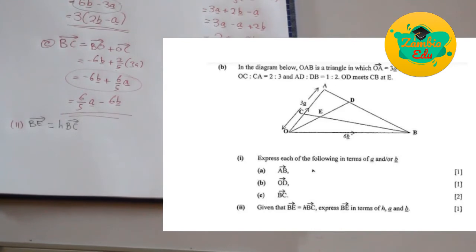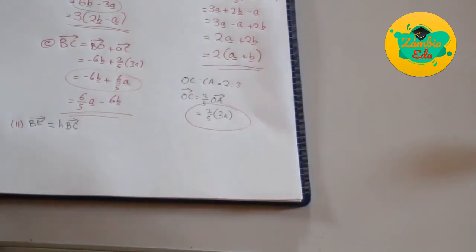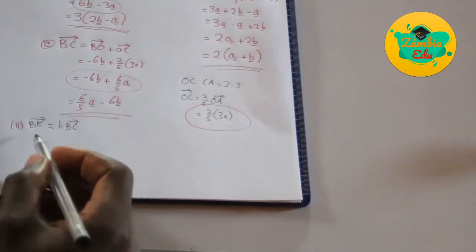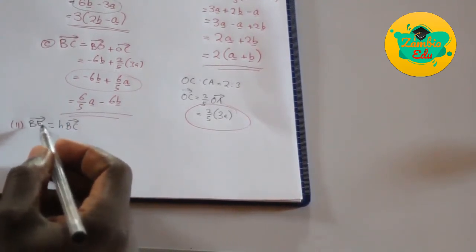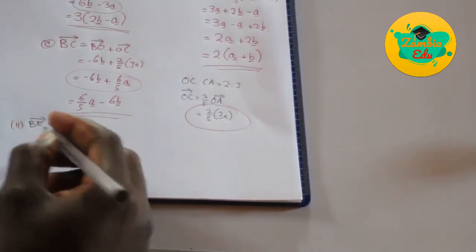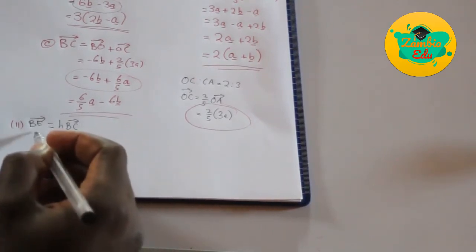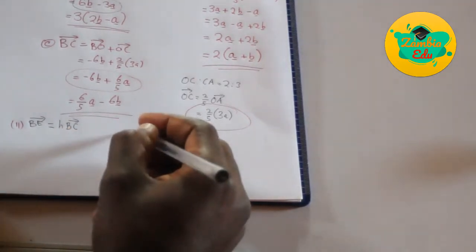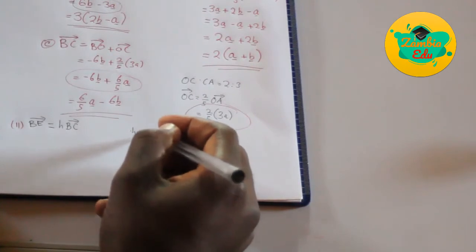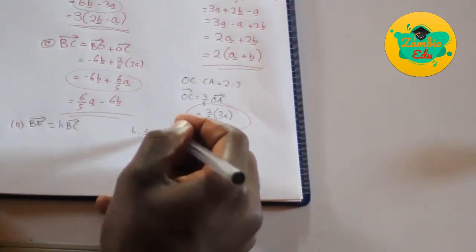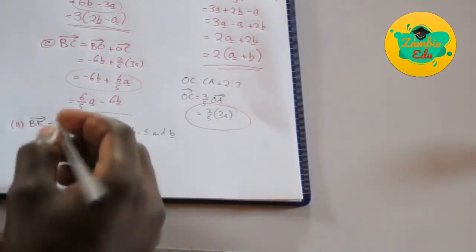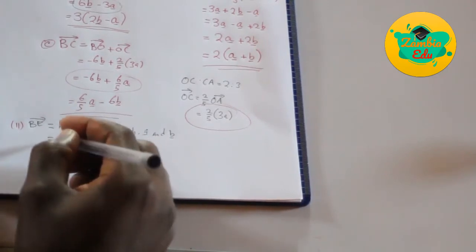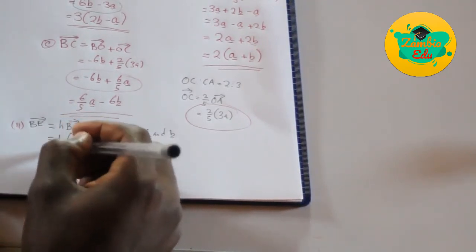What do we do for us to be able to express that in the right way? So now we've been told the value. We are trying to express BE in terms of H, A, and B. We just say H open bracket.